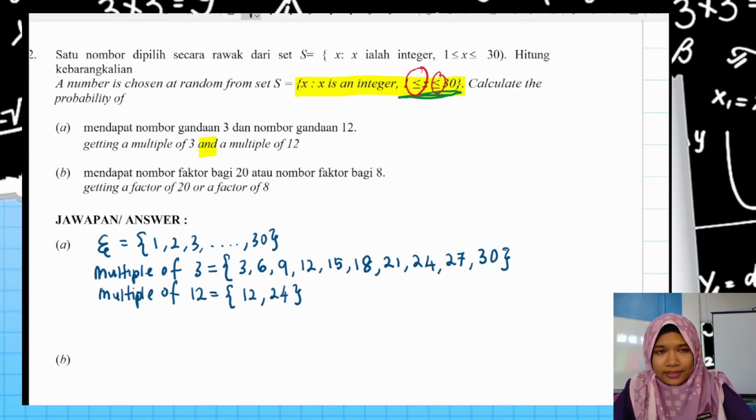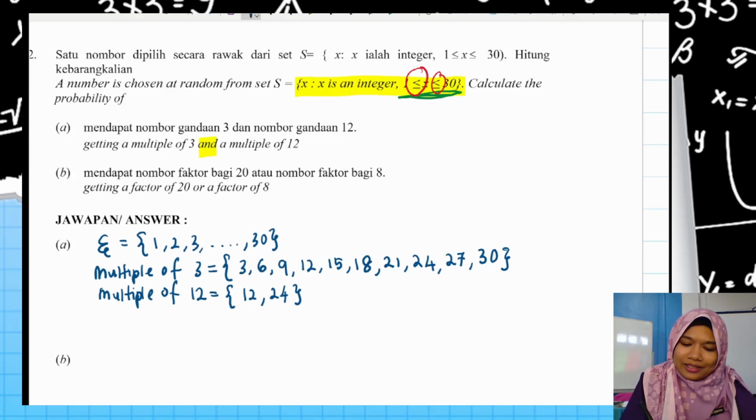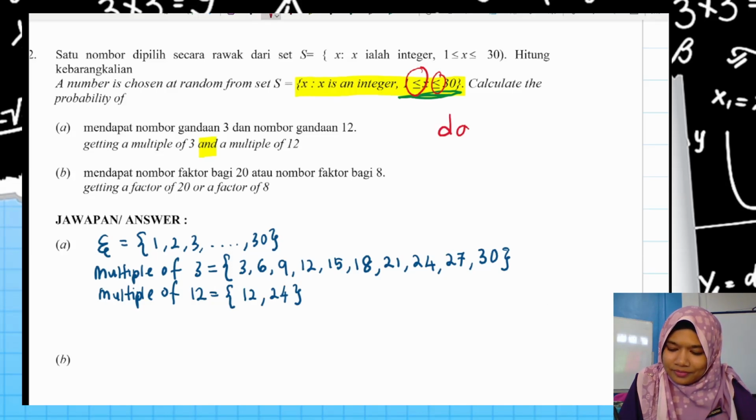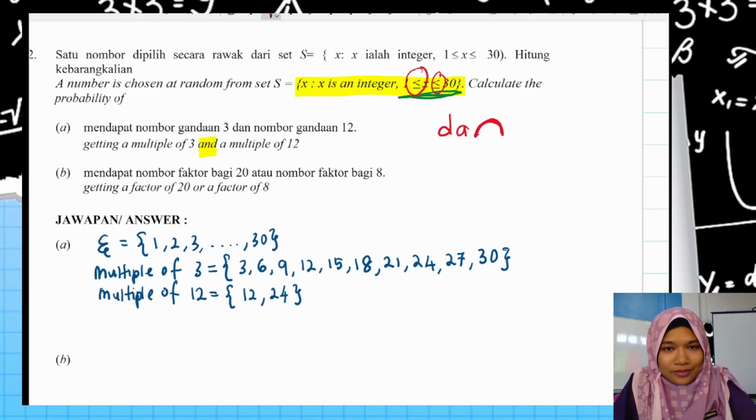Macam mana nak tahu, is it intersection or union? The keyword is and. And is dan, so intersection.